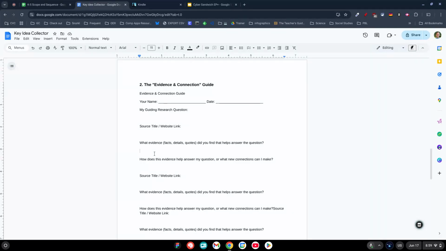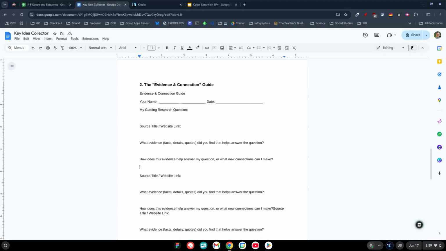So, maybe I want to find out how many stars are in the galaxy, or what's the average temperature. I don't know, just things like that, right? I can find facts from different websites that would help me answer that question. How does this evidence help answer my question, or what new connections can I make? So for example, let's say that we found out there's a trillion stars in this galaxy.